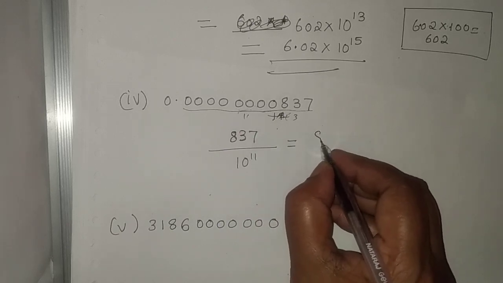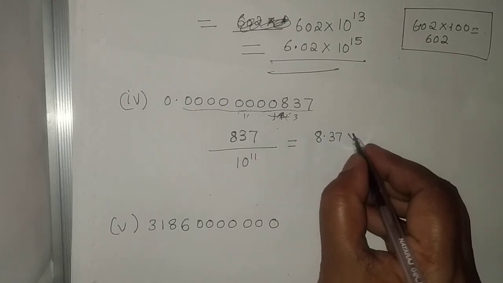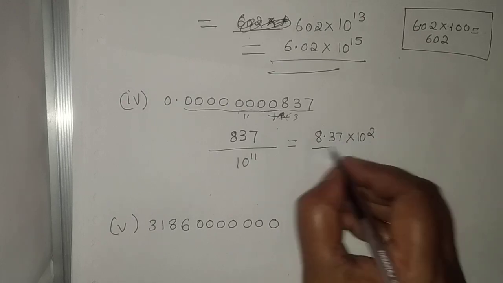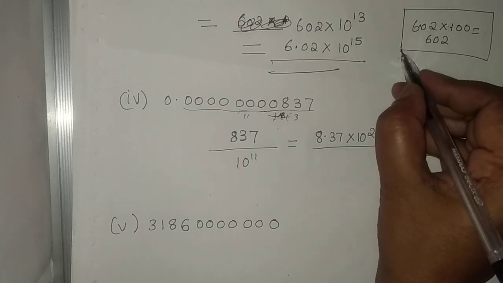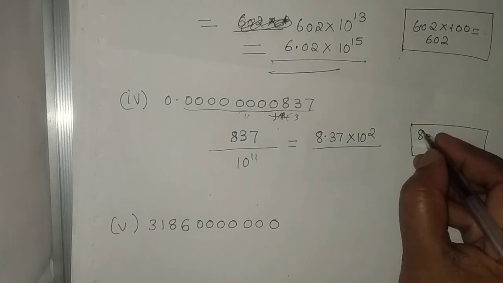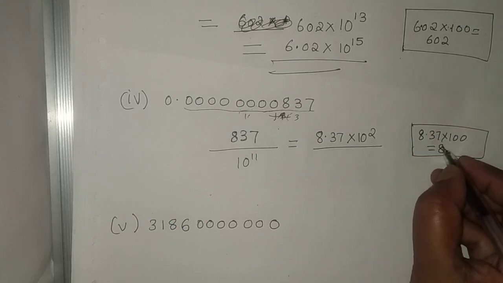Therefore we will write this in the decimal point, that is 8.37. Same thing, multiply this by 10 square. So 8.37 into 100 is equal to 837.